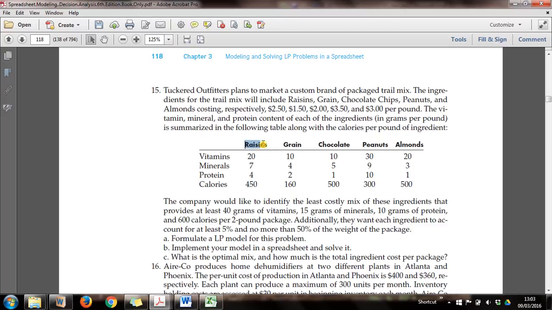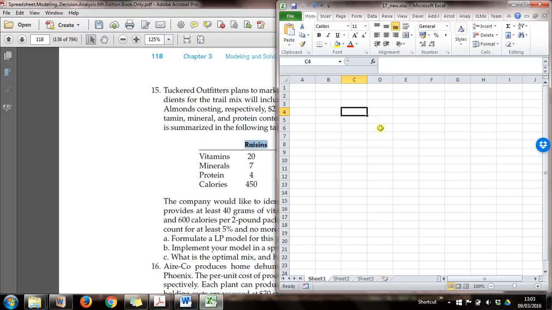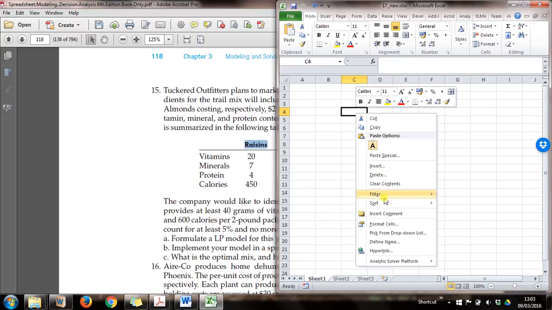So we'll copy this first and we'll paste it over here.